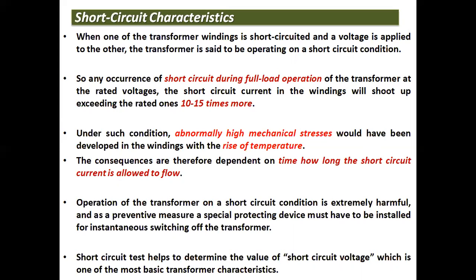Under such condition, abnormally high mechanical stresses would develop in the windings with the rise of temperature. The consequences are therefore dependent on time, how long the short circuit current is allowed to flow.